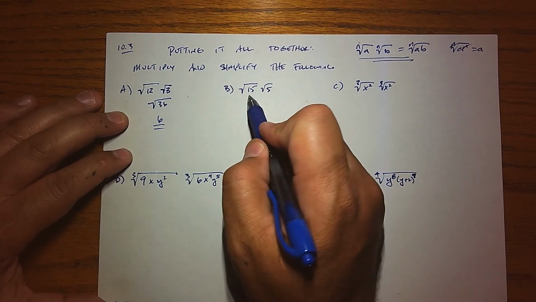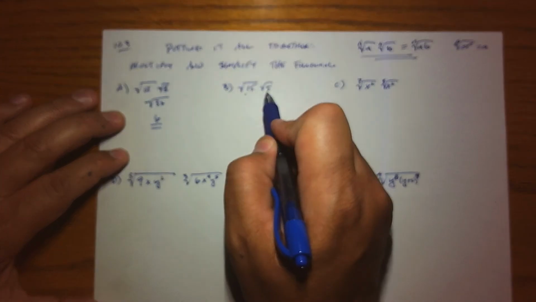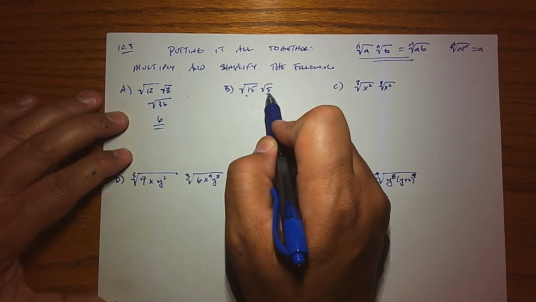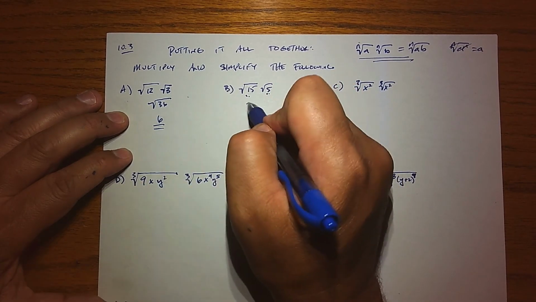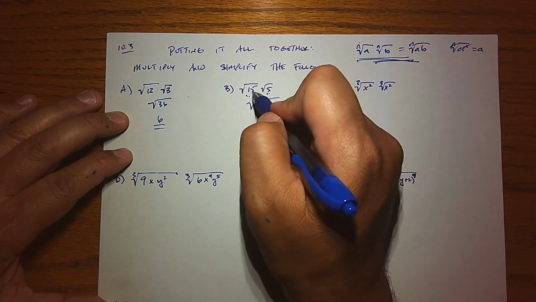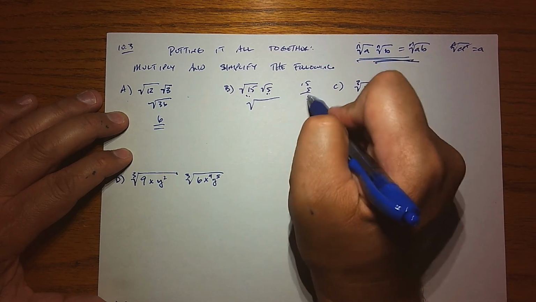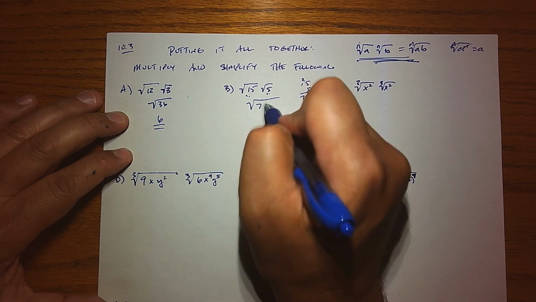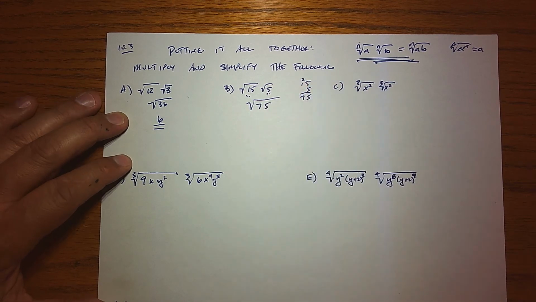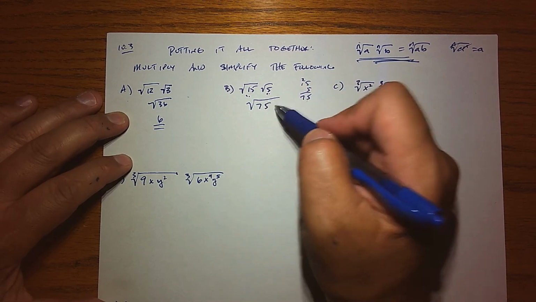All right, so the next one, we have the square root of 15 times the square root of 5. Again, neither radical is very nice, but if we use our multiplication rule, 15 times 5 is 75. So we're basically looking at the square root of 75. How do we simplify that?